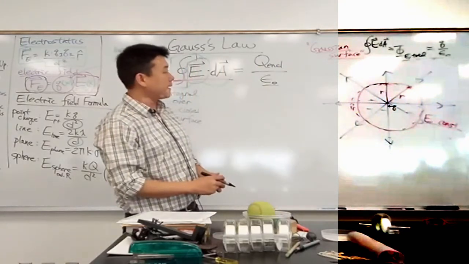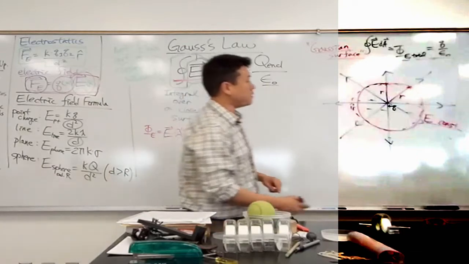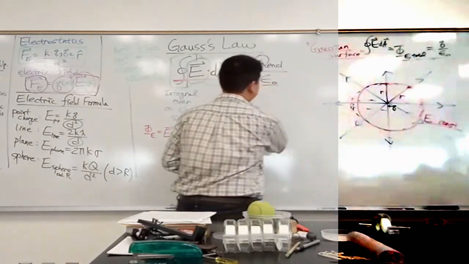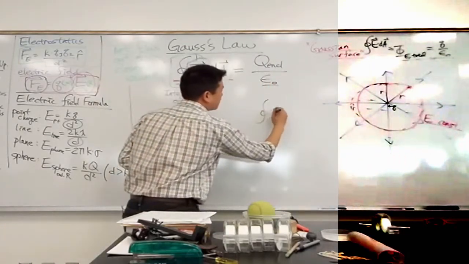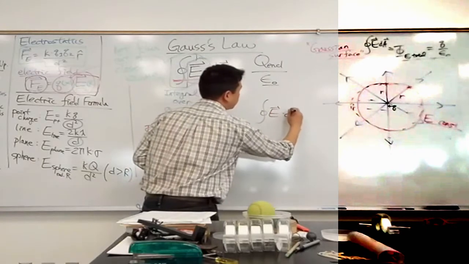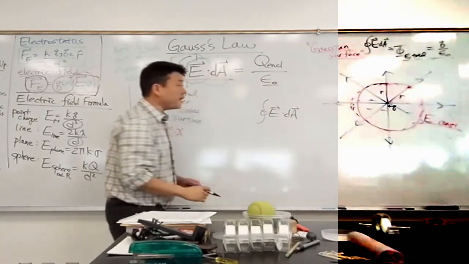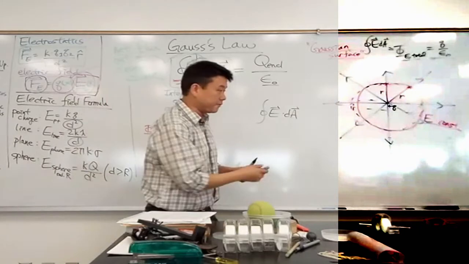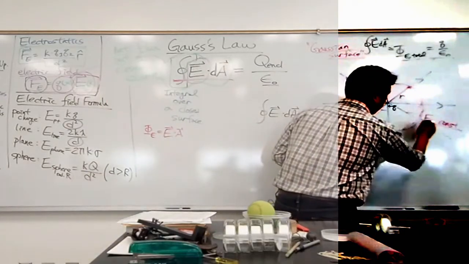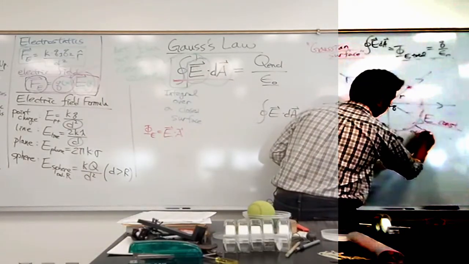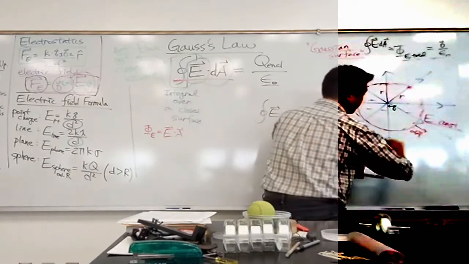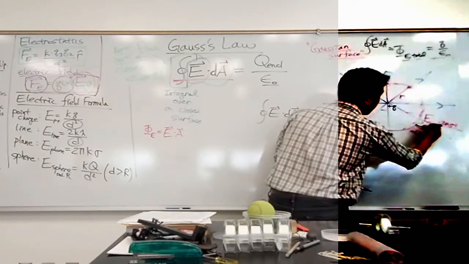And knowing that allows you to do something amazing. So you write down Gauss's law, E dot dA, and you look at the relative direction of the dA and the electric field, which is also pointing outward.